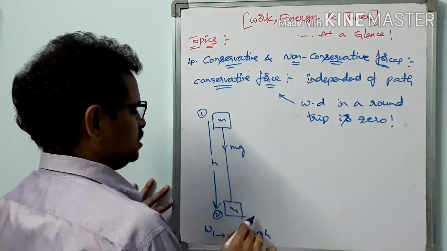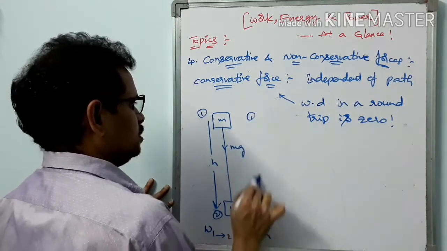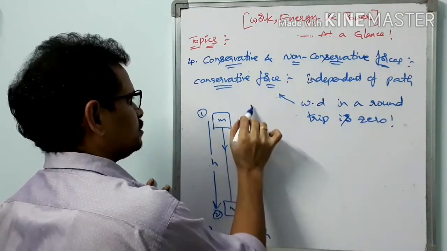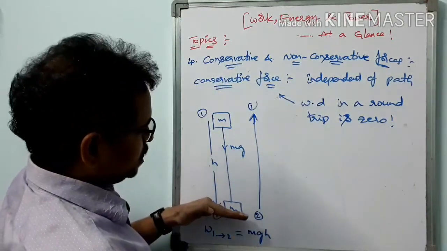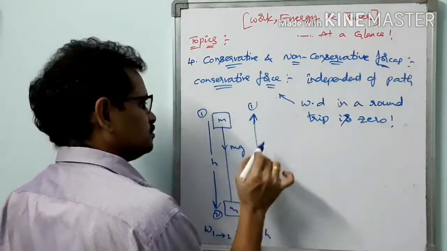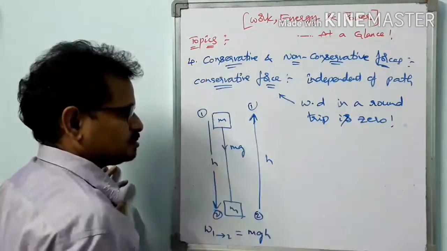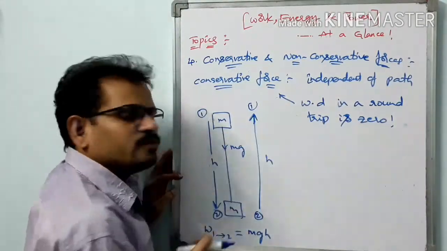Now let us see from 2 to 1 in this direction. What is the displacement here? Now it is an upward displacement. Now we are taking this body from 2 to position 1. So in this case, h is upwards. What is the direction of gravitational force on the body? Always it is downwards only, no?